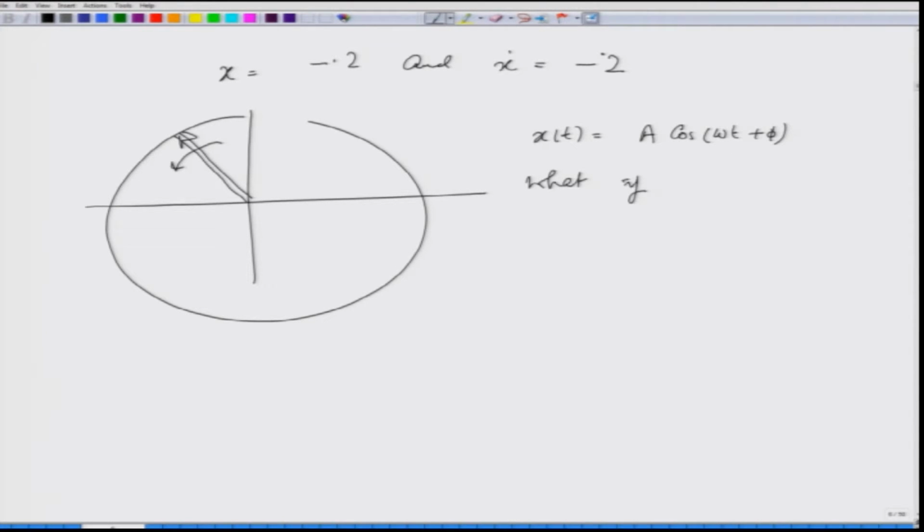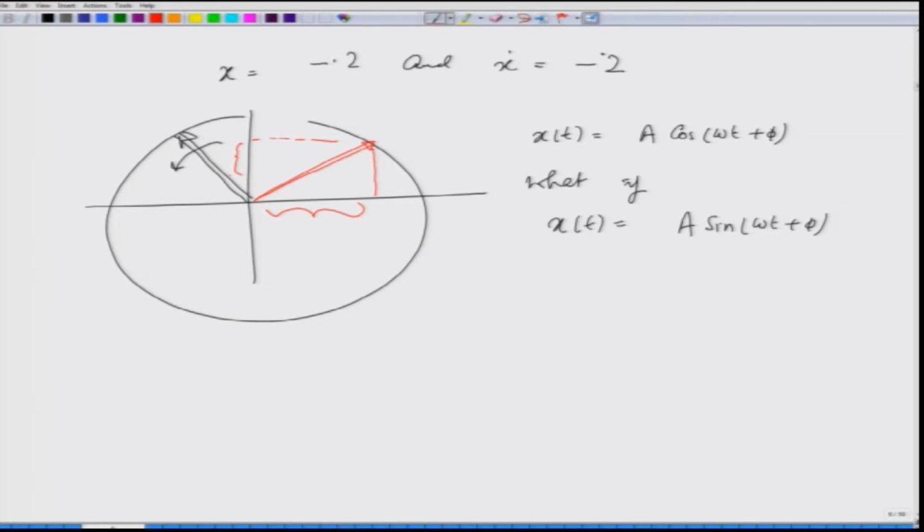What if x(t) is to be written as A sine omega t plus phi? In that case, recall that for the same phasor, its projection on the x axis gives me cosine and its projection on the y axis gives me sine.